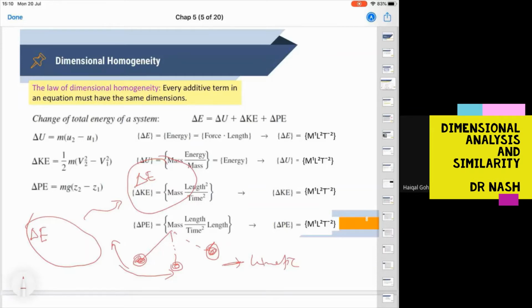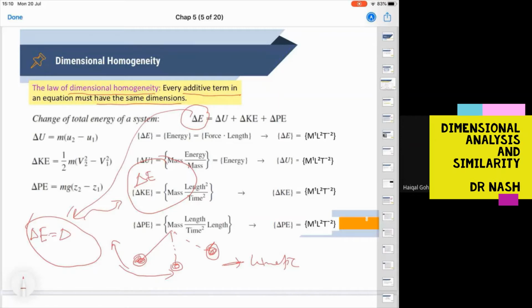What I want to say in this slide is the law of dimensional homogeneity: every additive term, meaning the terms that we want to add together, must have the same dimensions. For example, the total energy in this particle is equal to delta. Delta means the energy is always conserved and changing, right? That's why we put delta.